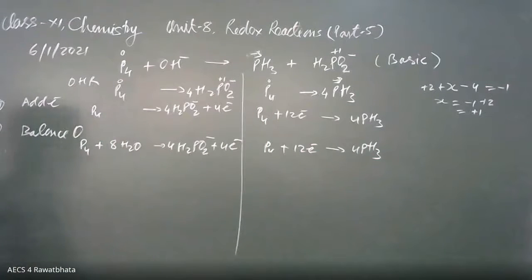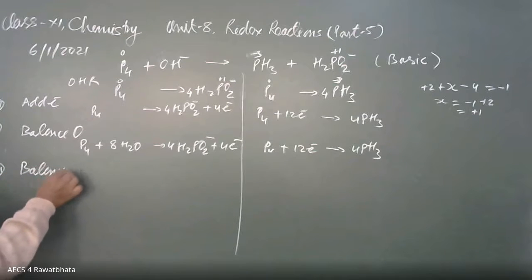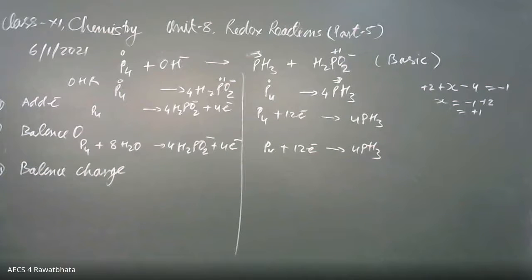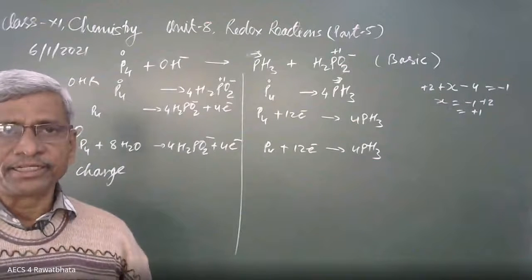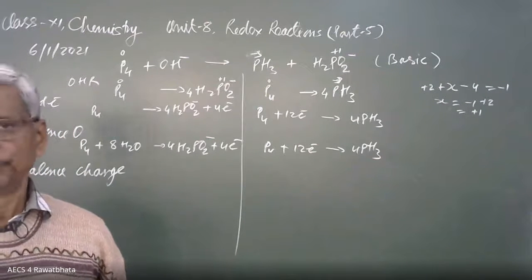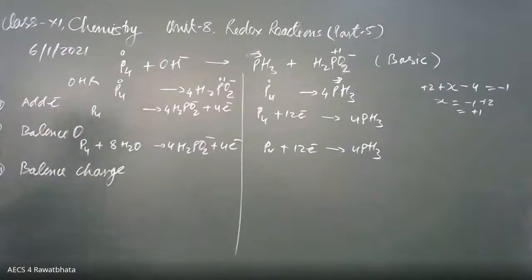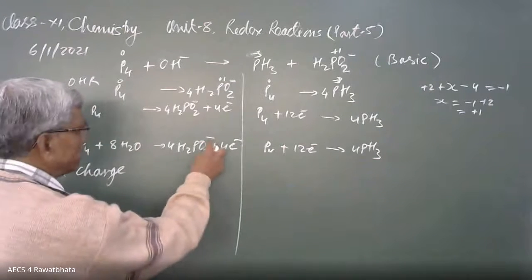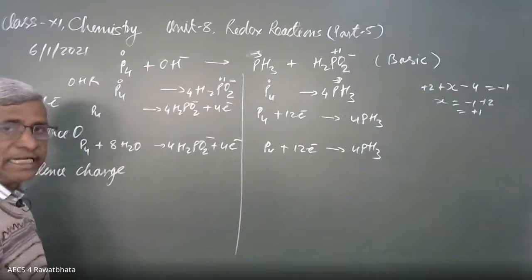Okay, beta. Then the third step is balance charge. While balancing charge, we have to add OH minus, and we have to manage oxygen and hydrogen by adding H2O. That is the difficulty in this basic medium. Here, no charge on the left side and on the right side 4 negative and 4 negative, 8 negative.